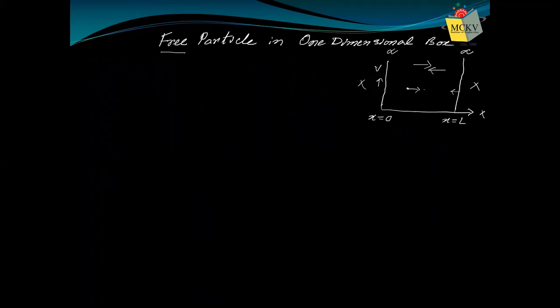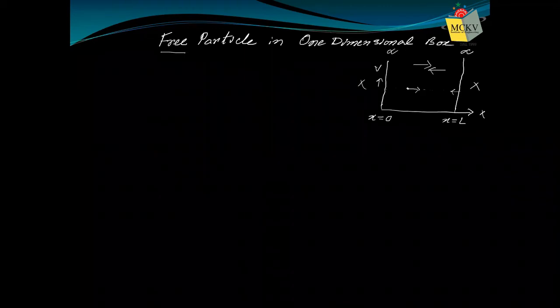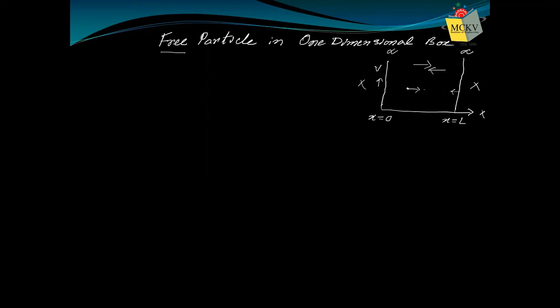What is that force? Gravitational force. You are doing some work against the gravitational force, and due to that work, the pen gets some potential energy, mgh. That work done is stored as potential energy. So now what I am saying is, there is no force acting on the particle, and that type of particle is called a free particle.